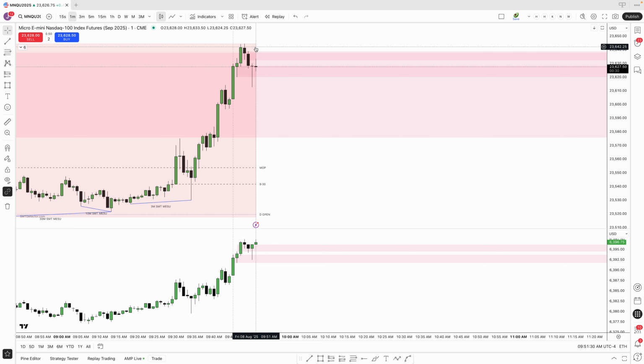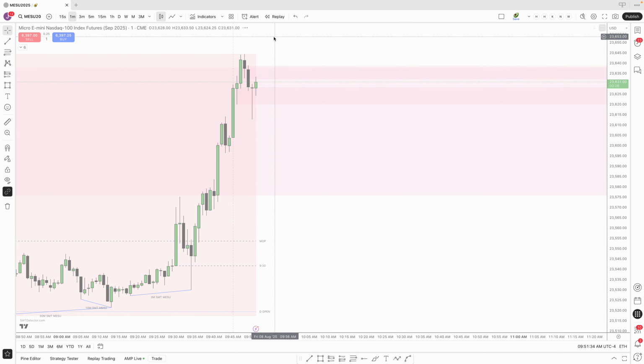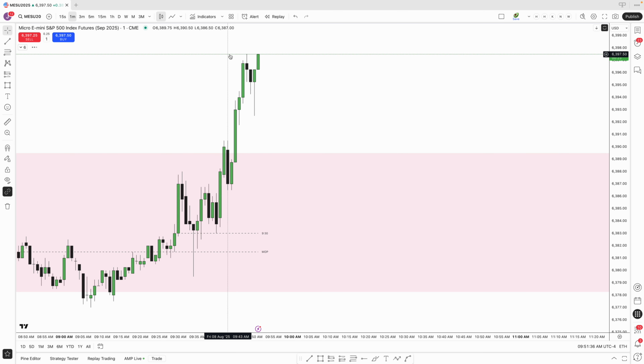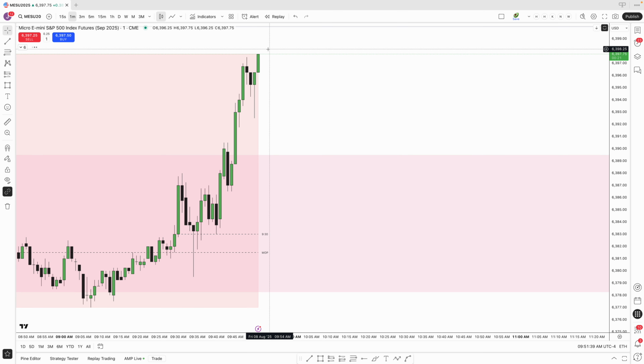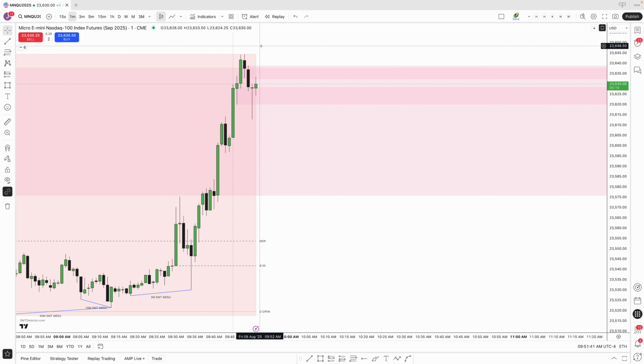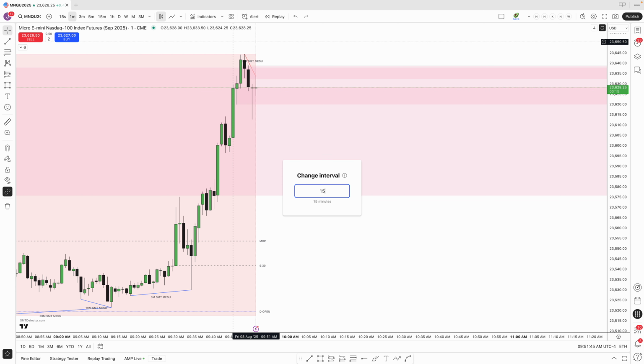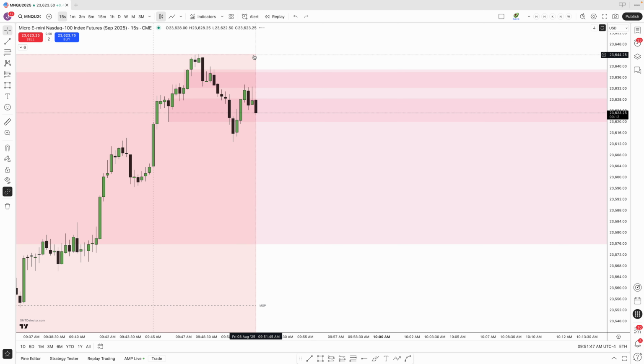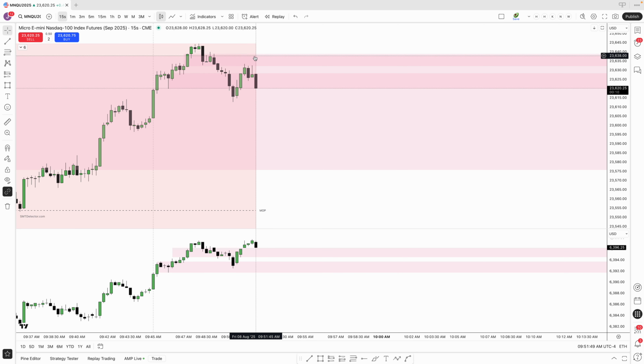NQ remains. And it looks like we did. Looks like we made a new high. So we have a 3-minute SMT now. And this would be a very good short. We just need ES to confirm.